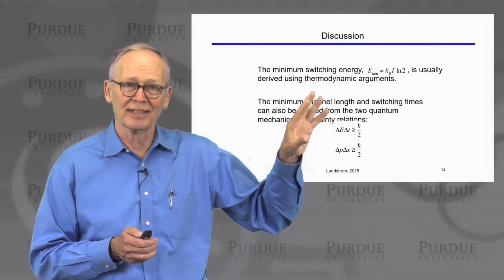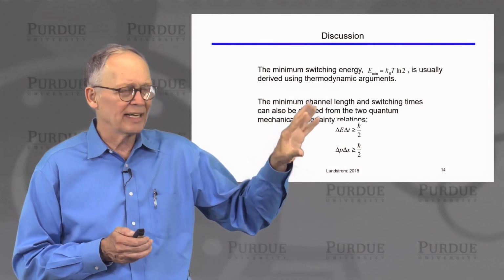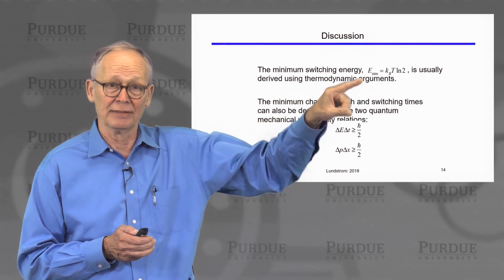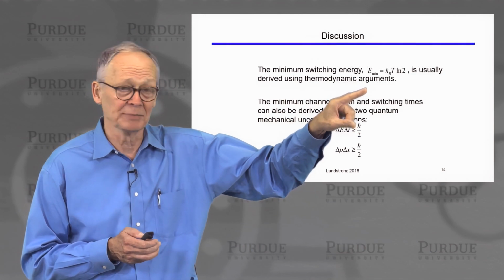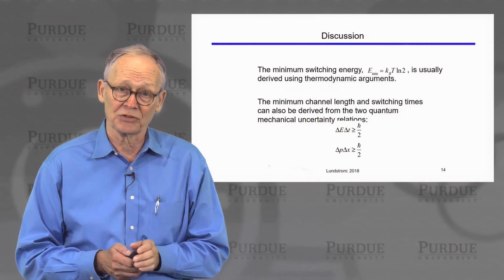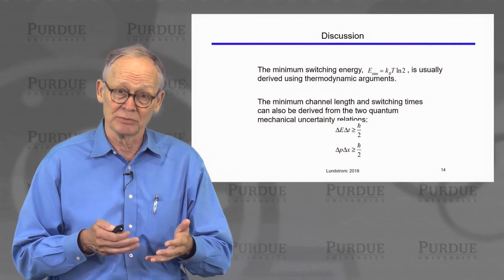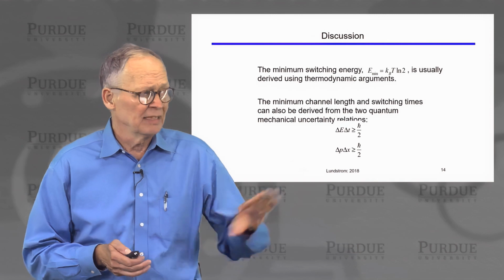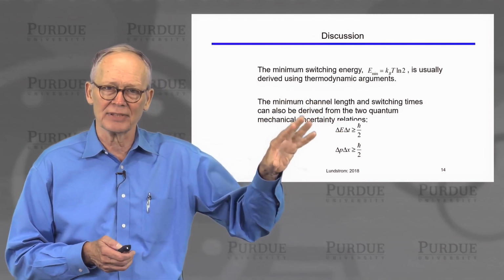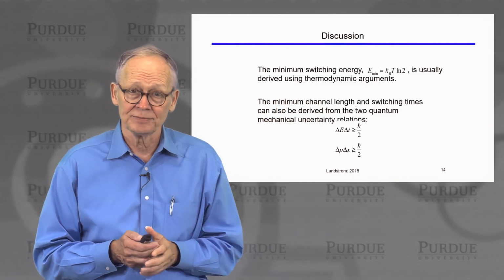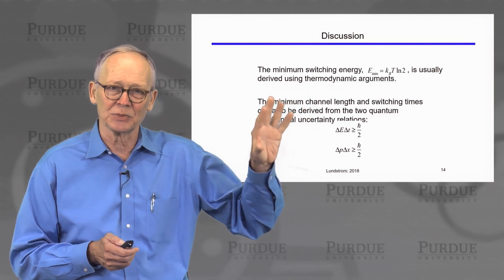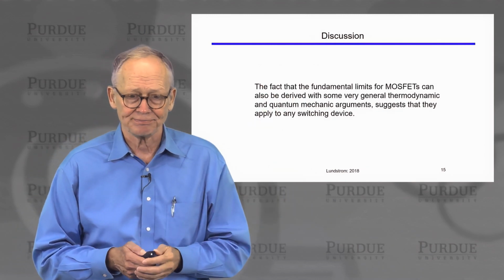It's also worth noting that one can obtain these fundamental limits very fundamentally, the thermodynamic arguments for the minimum switching energy, but also with the two quantum mechanical uncertainty relations, we can get the minimum channel length and the minimum switching speed. So the fact that these can be done with very fundamental arguments, not specific to a MOSFET itself, suggests that these are fundamental limits for any kind of switching device that we might imagine.